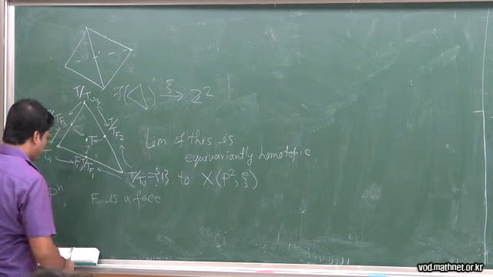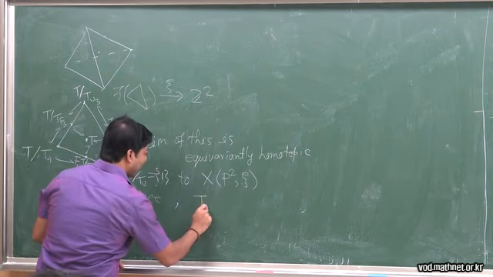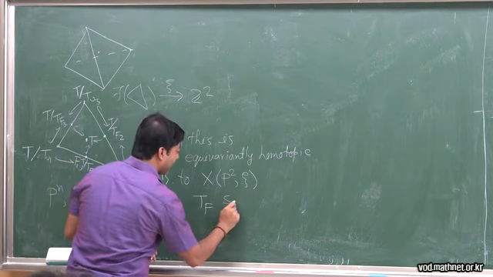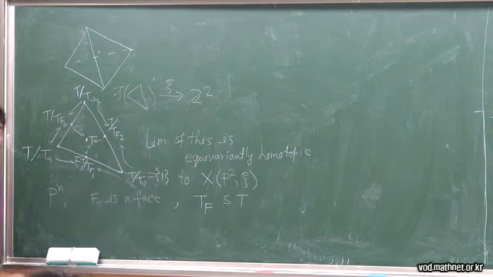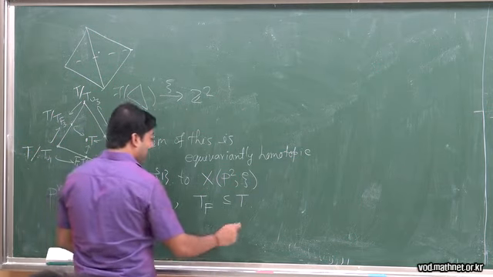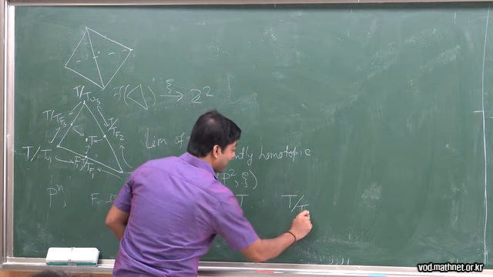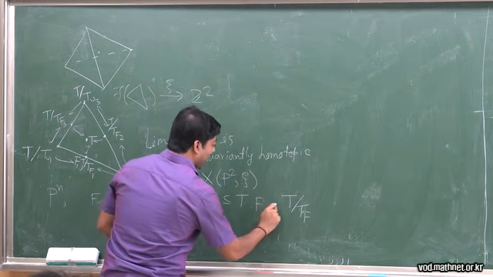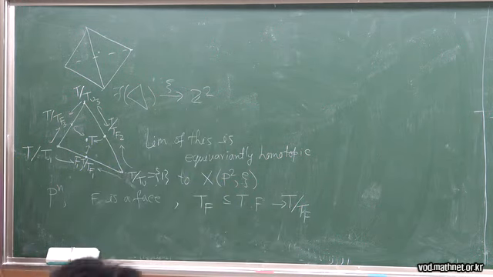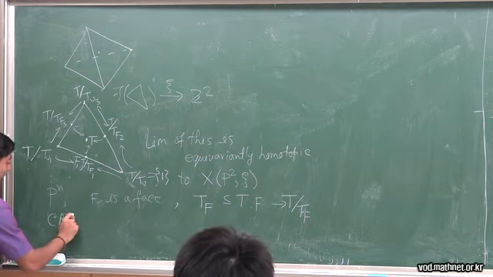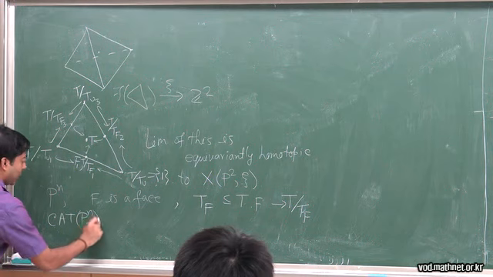So if F is a face, then what did we define? TF, right? If we remember, that is a subtorus of T. And now we can see why we needed to have the subtorus. Then we can define T mod TF. So F goes to this one. So what will we get if we define the category of Pn?